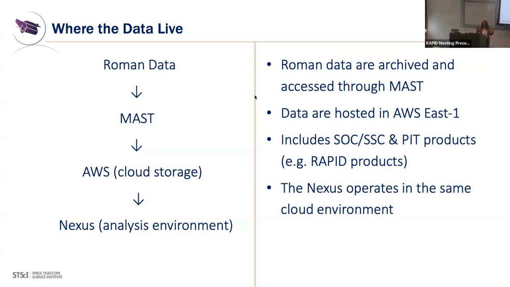So what Ben and Jacob talked about will also be hosted on MAST. The Nexus, what it does is operate in the same AWS us-east-1. And so it brings your tools to the data. To give you an idea, latency is going to be very similar to you accessing files on your own laptop. And that's important when you are working on millions of files.